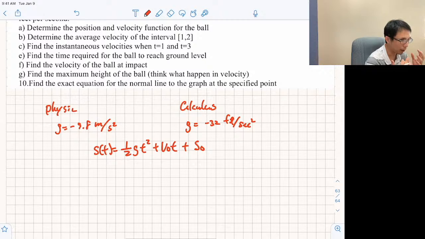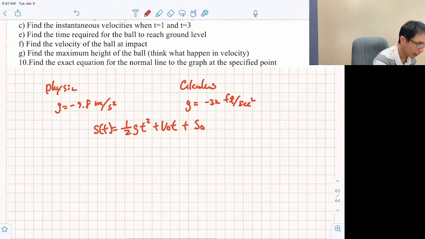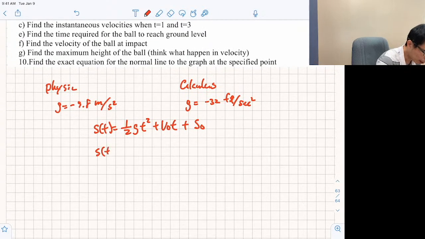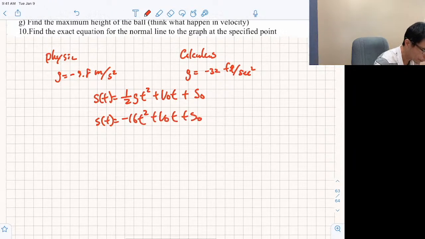So in terms of physics, it's going to be negative 4.9 t squared plus v0 t plus s0, but since we're not doing physics right now, I don't want to confuse physics and calculus. In physics, it's going to be negative 4.9. But in calculus, it's going to be s of t equals negative 16 t squared plus v0 t plus s0.